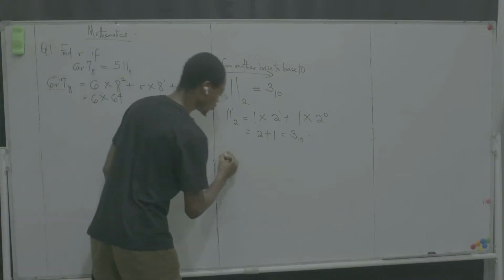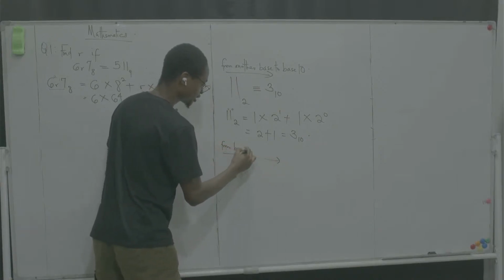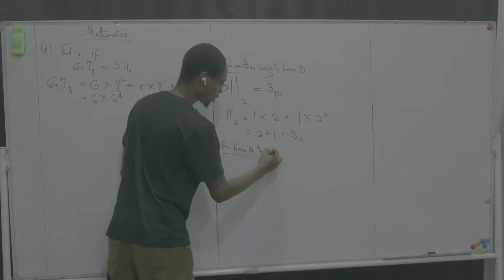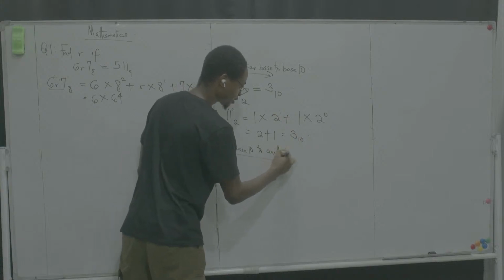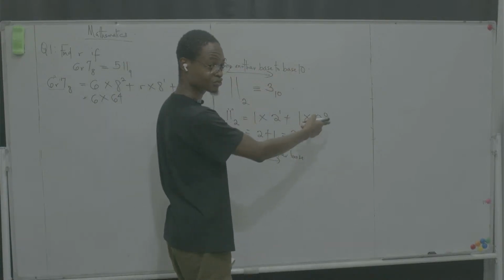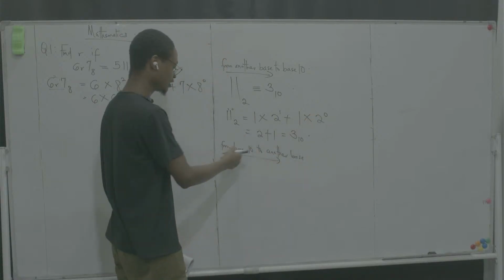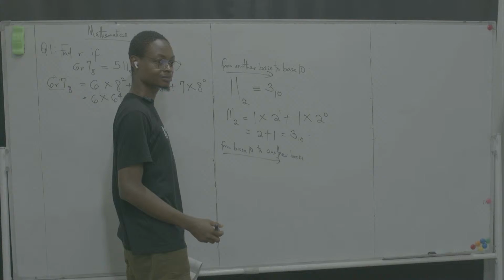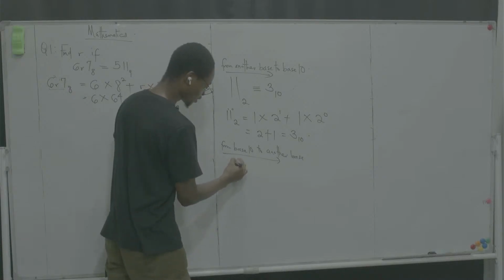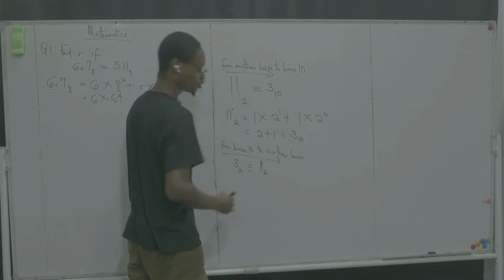So if you are going from base 10 to another base, if going to base 10 is by a process of multiplication, then going to another base from base 10 will be a process of division. So 3 in base 10 is equivalent to 11 in base 2.